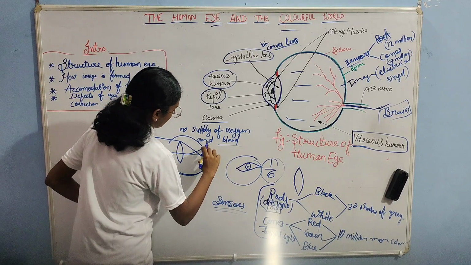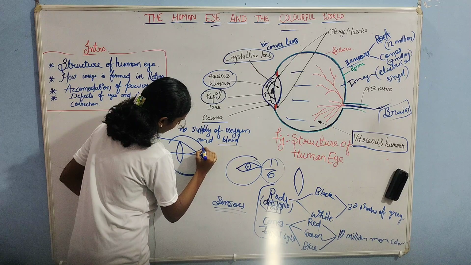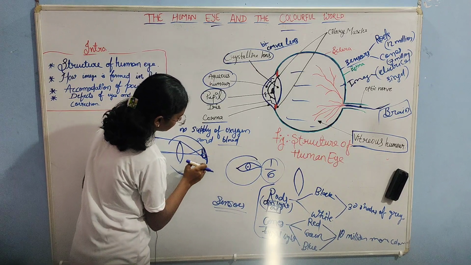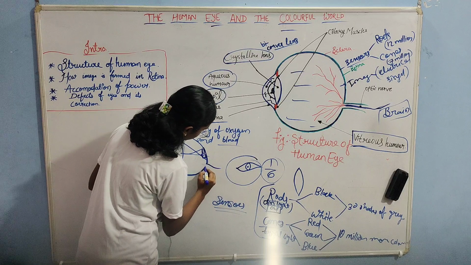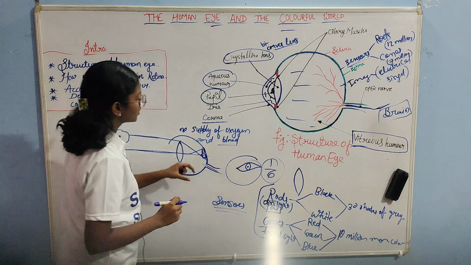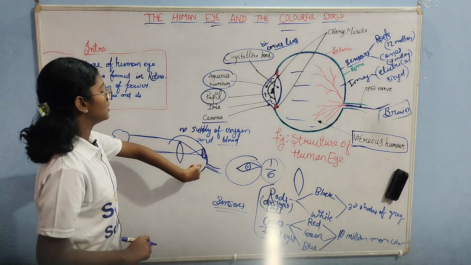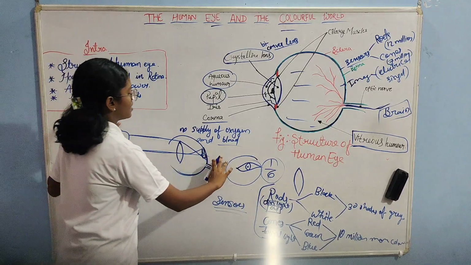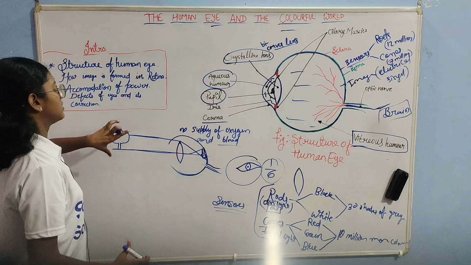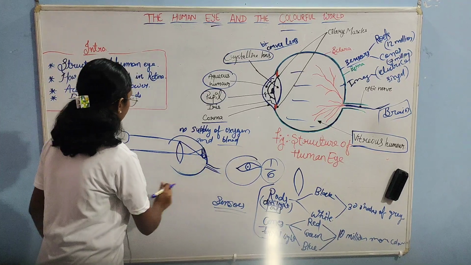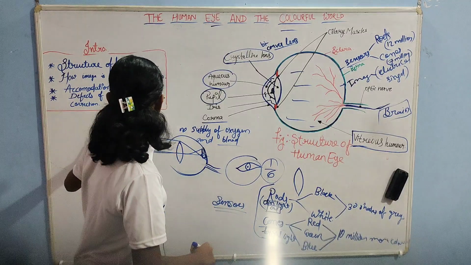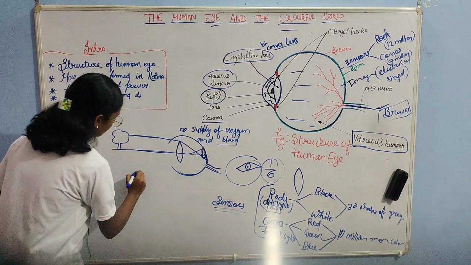When the image forms here, it is converted into electrical signals and passes through the optical nerve to the brain. Our brain knows how the image is, so it will interpret the image as an erect image.